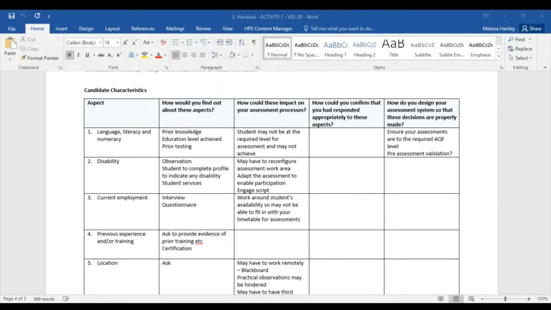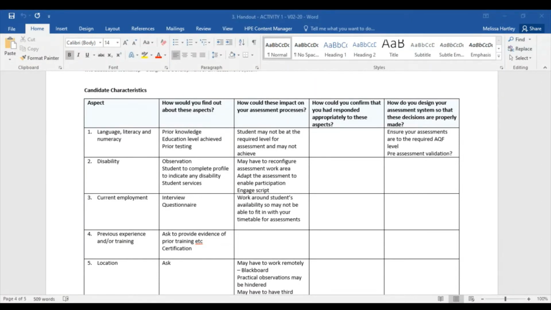So you might find out about their current employment through an interview or questionnaire. We might work around the student's availability. It might be an aspect where we adjust our assessment processes and timing to fit in with their work schedule. But we might also say, well, if their work is relevant to the unit of competency, can we actually utilise that work environment as an assessment environment?